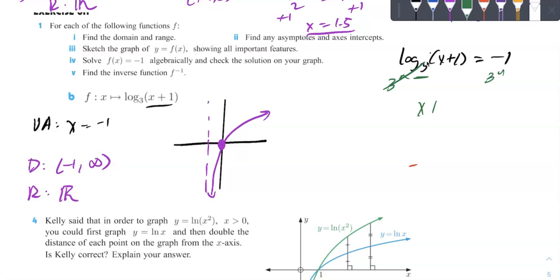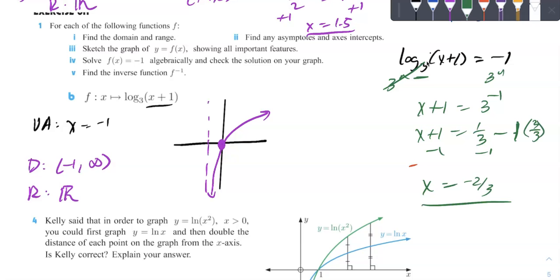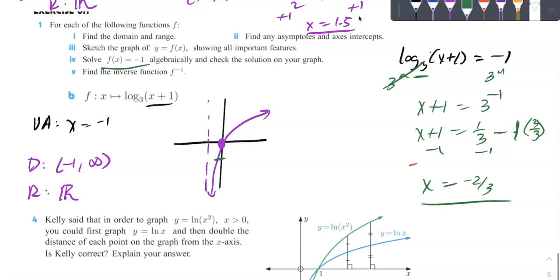So you get x plus 1 equals 3 to the -1, or 1 over 3. And then we subtract 1. So x equals 1/3 minus 1, which is the same thing as saying, with a common denominator, -2/3. X equals -2/3. Check the solution on your graph. So they're saying, hey, if you went y equals -1 on your graph, would it hit -2/3? About. It's not perfect, but right there, yeah.